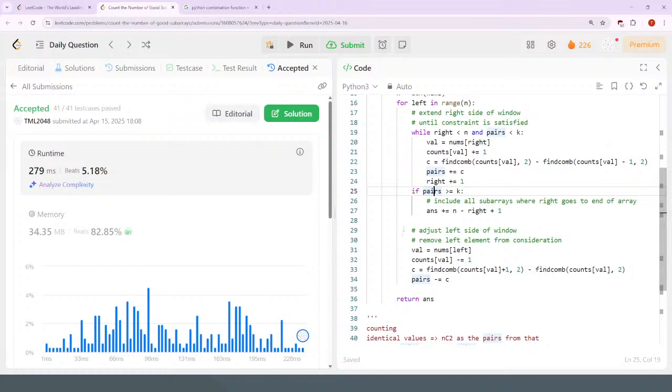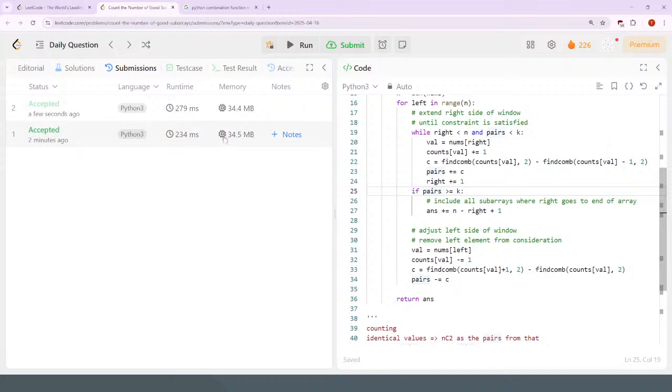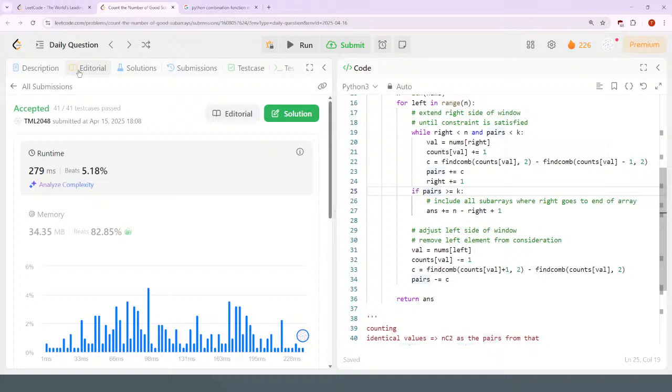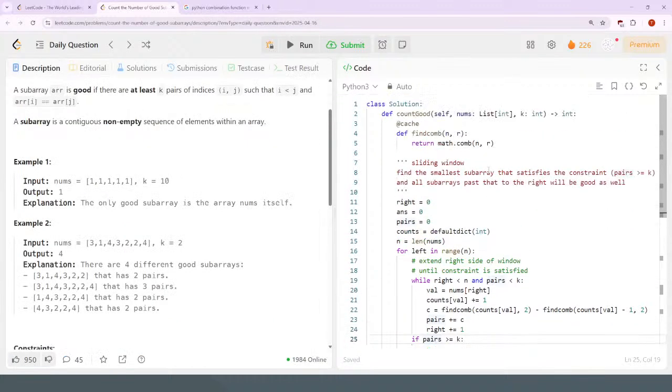Alright, so this one is less memory intensive. It's the same memory. Okay, so caching it didn't really do very much.